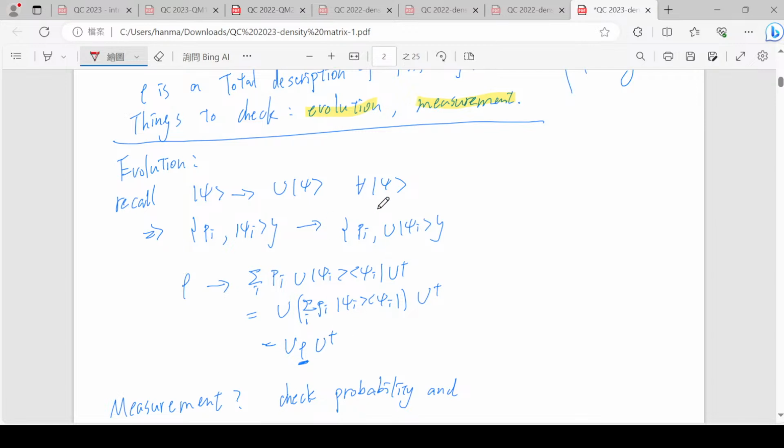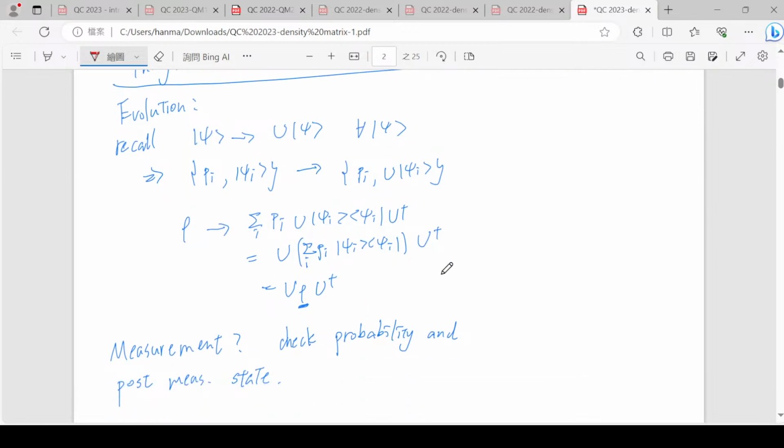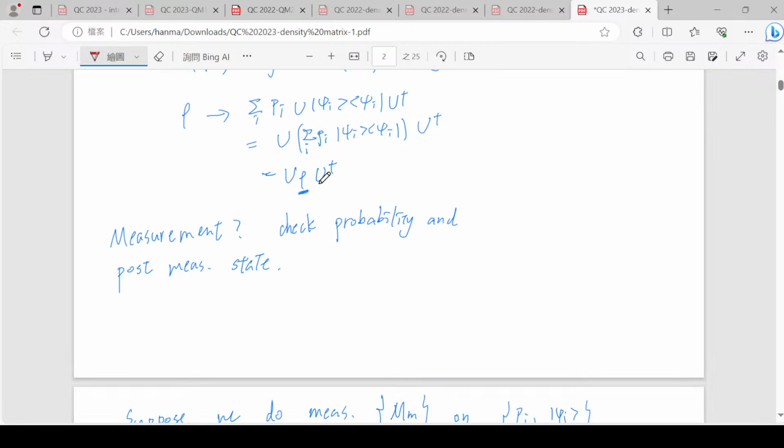We can describe the evolved rho by just applying things on the original rho without going into the details of the ensemble. So if your ensemble can evolve with u, then you just apply u and u dagger before and after your rho. You don't need to go through all the psi's to know how it evolves. Okay, so that's really cool.